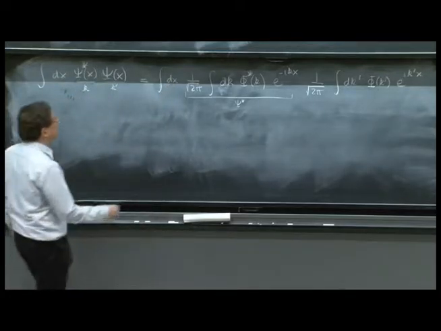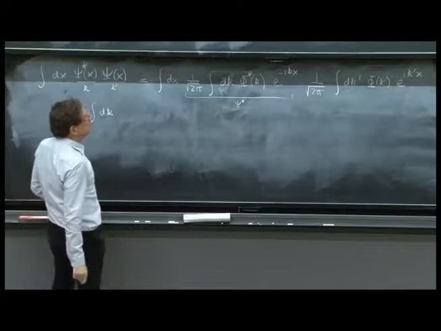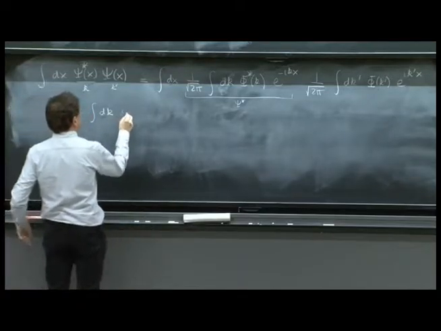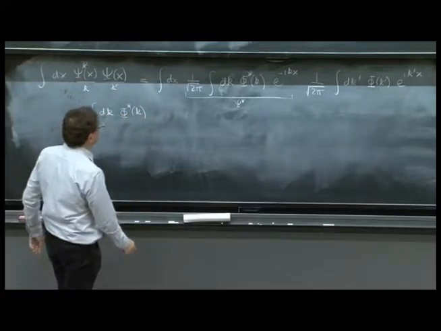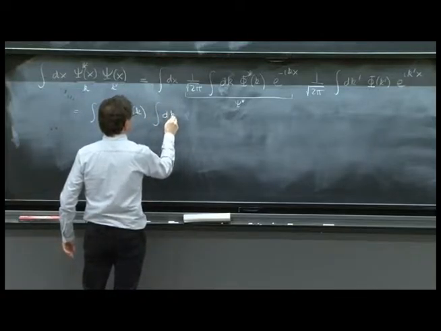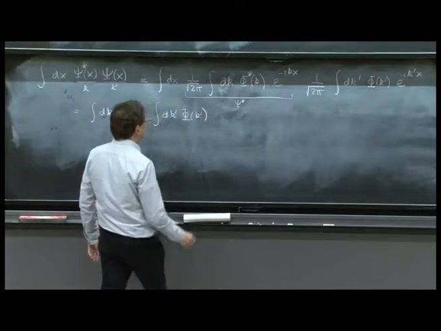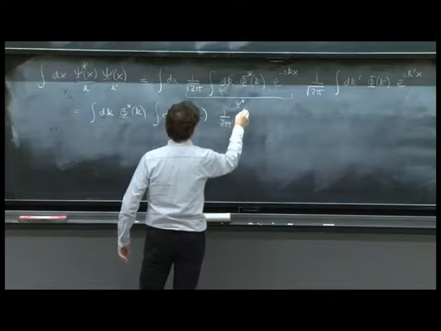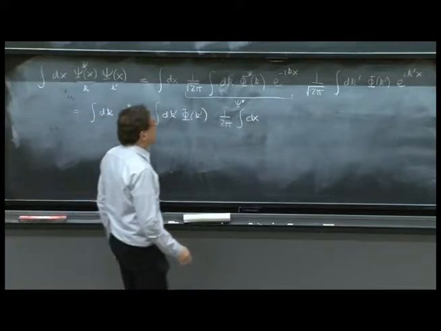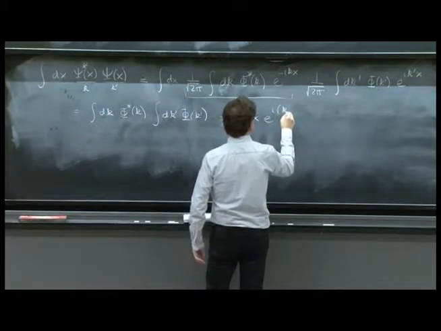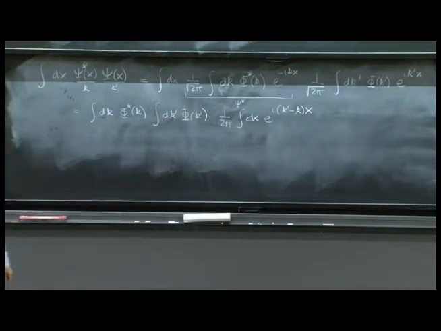So in fact, let me write this as integral dk phi star of k, integral dk prime phi of k prime, and then I have 1 over 2 pi integral dx e to the i (k prime minus k) x. I think I didn't miss any factor.